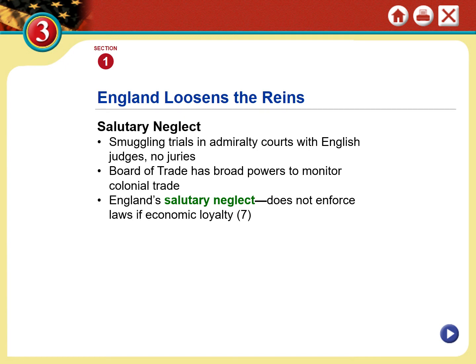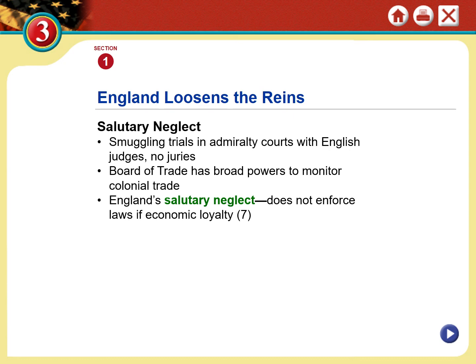Now granted, the colonists were technically citizens of the English Empire. However, we believe in a trial by jury of our peers. And these colonists were being tried in military tribunals, which they weren't a part of the military, and they were being tried by English judges and not by a jury of our peers.